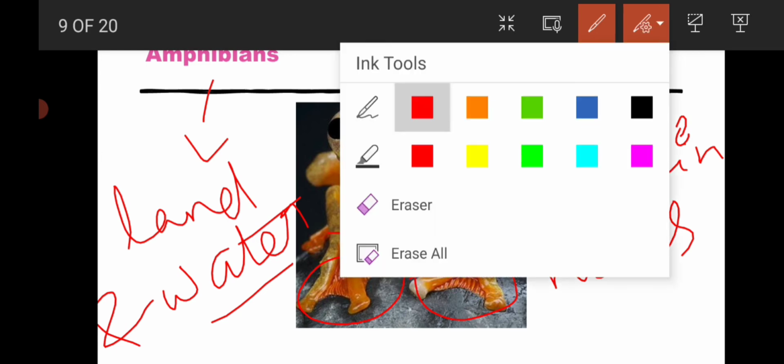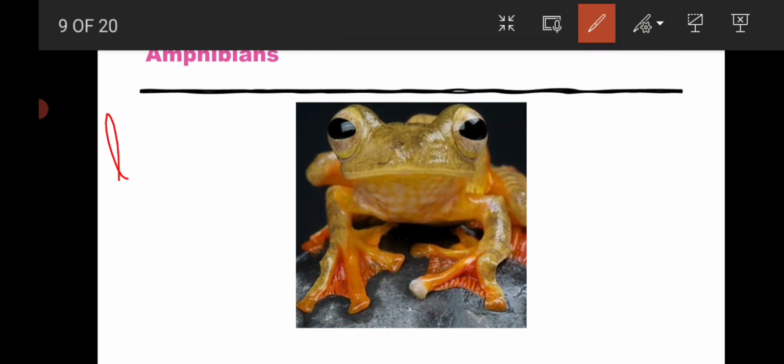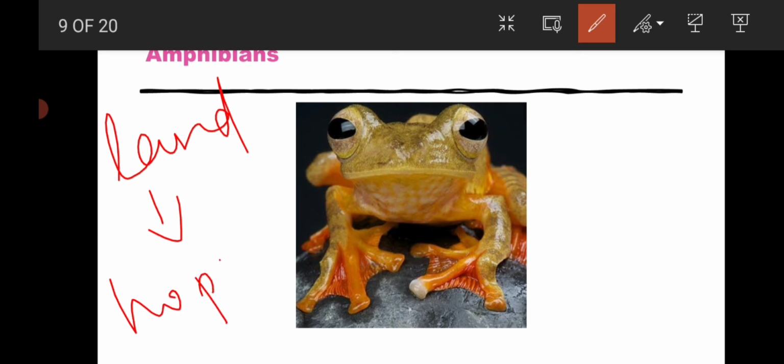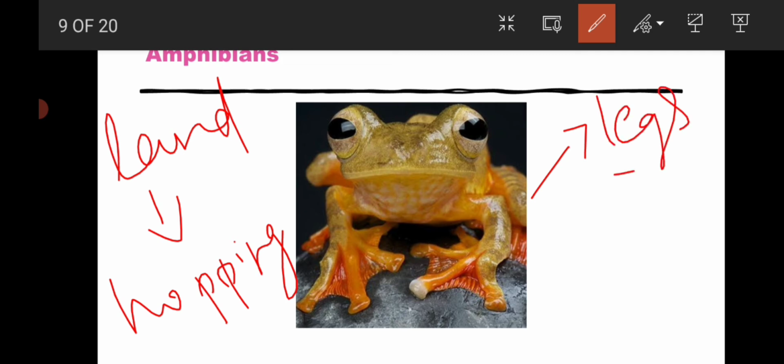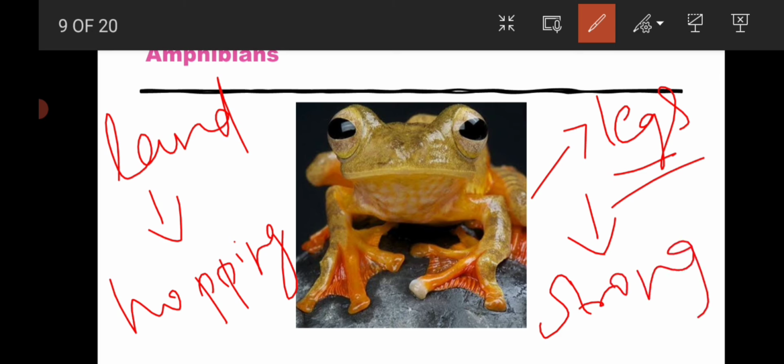While on land, what will they do? While on land, they will hop. For hopping, mostly the back legs are used because these back legs are stronger than their front legs.